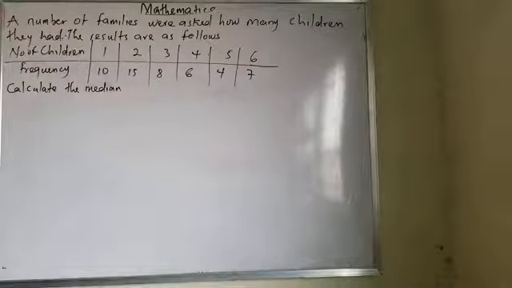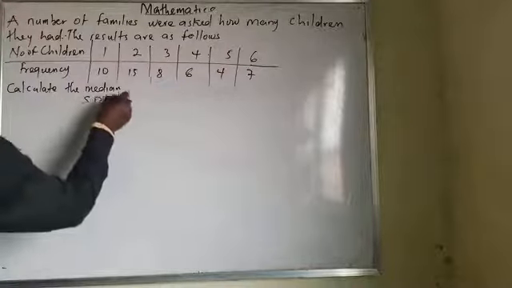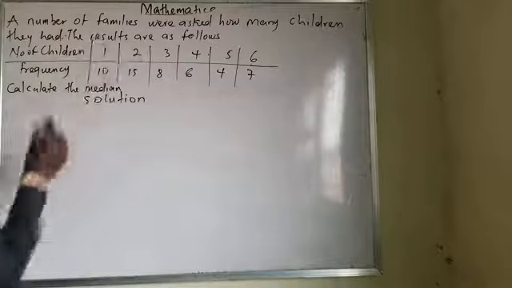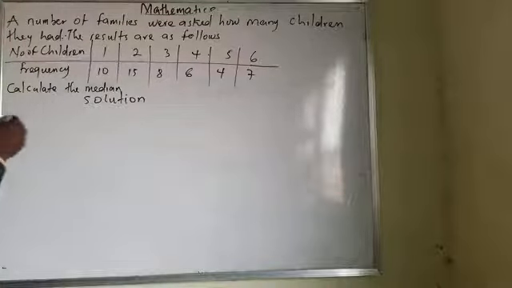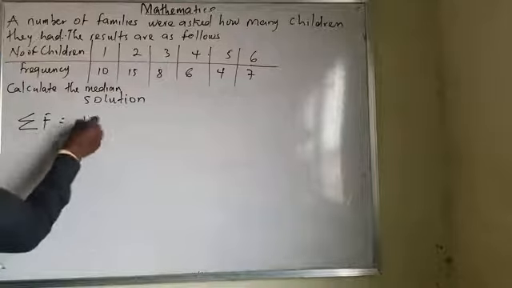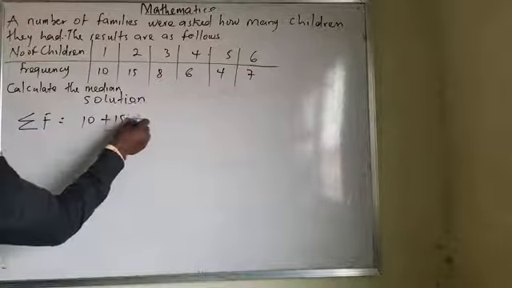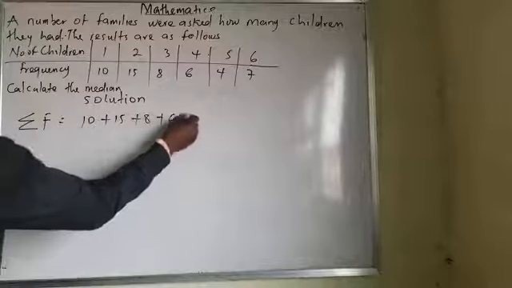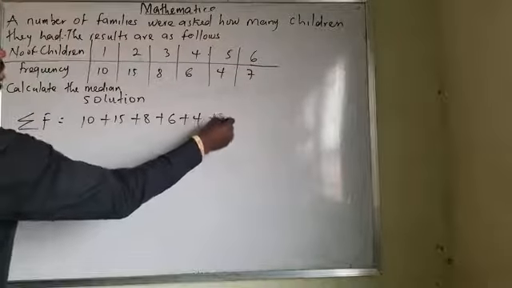Now, how do I go about this? The first thing I will do is go for my summation of F. What's the summation of it? 10 plus 15 plus 8 plus 6 plus 4 plus 7.